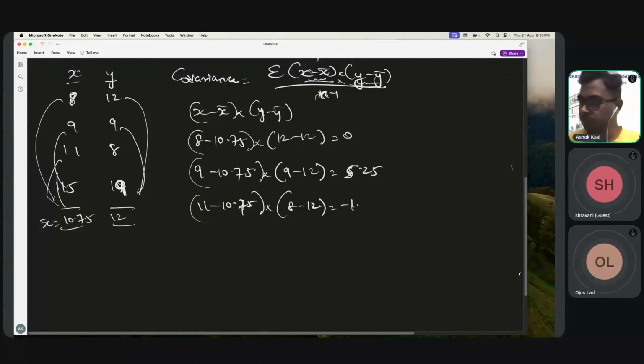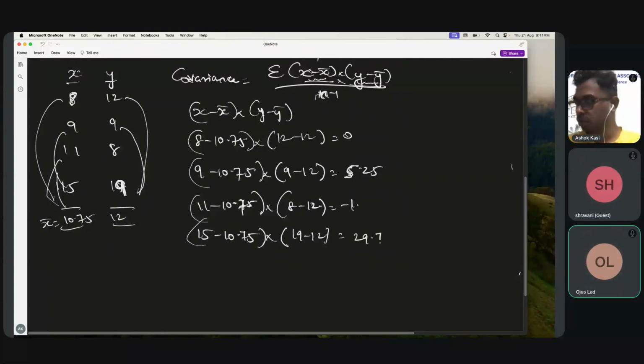Then 15 minus 10.75 into 19 minus 12. 29.75. Add up all this.